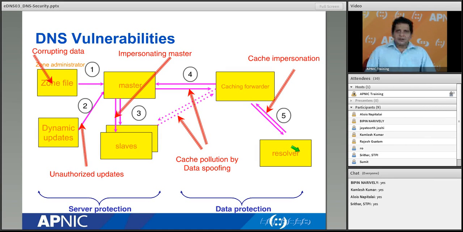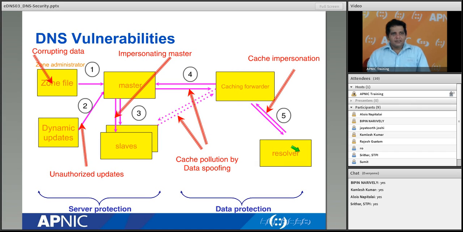Maybe there is someone else impersonating the primary or master. So instead of getting the correct zone file from the master, it could be getting a wrong zone file. In the same way, the master server could be thinking, I'm giving my zone file to the appropriate secondary, but if the secondary is not really the correct secondary, it could be giving it to a wrong server as well.